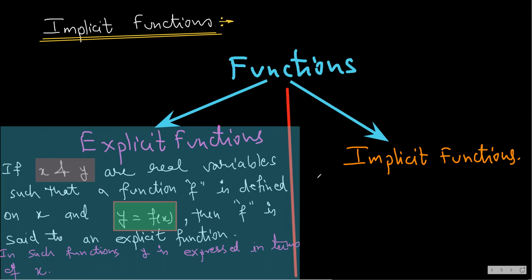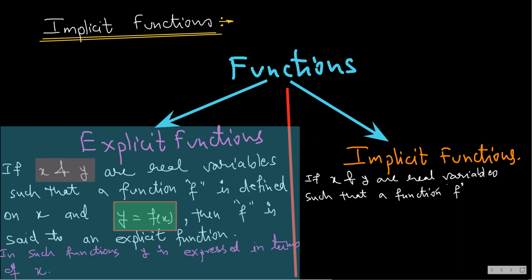How do we define implicit functions? I write, if x and y are real variables such that a function f is defined on x and y.